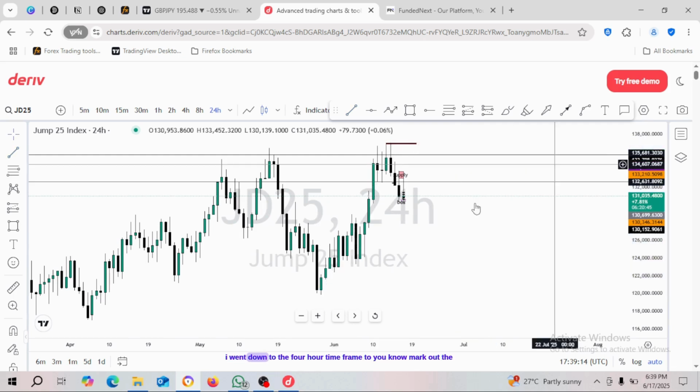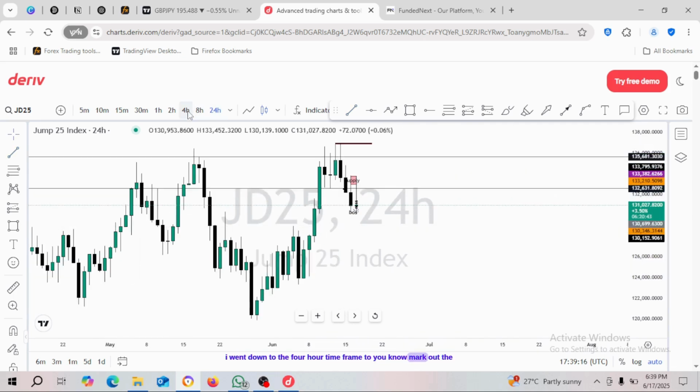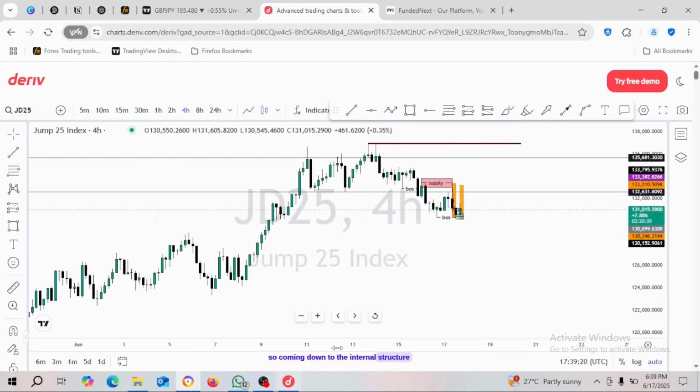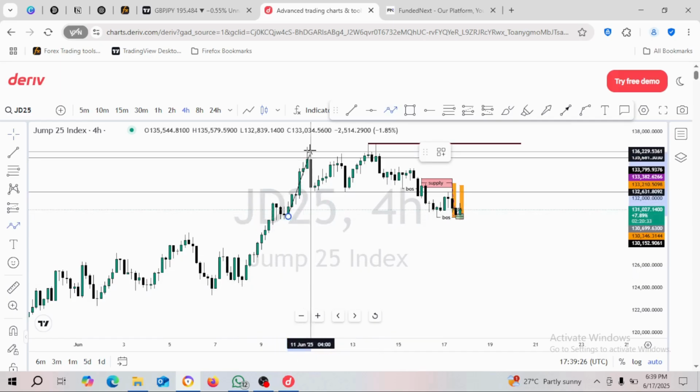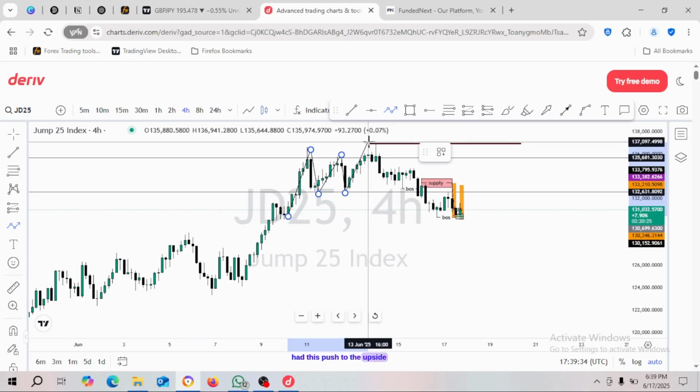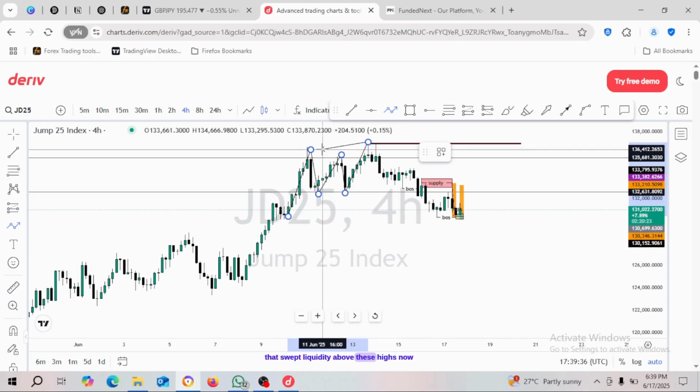So right now I went down to the 4-hour time frame to mark out the internal structure. Coming down to the internal structure here, we had this push to the upside, a retracement forming a double bottom, and we had this push to the upside that swept liquidity above these highs.